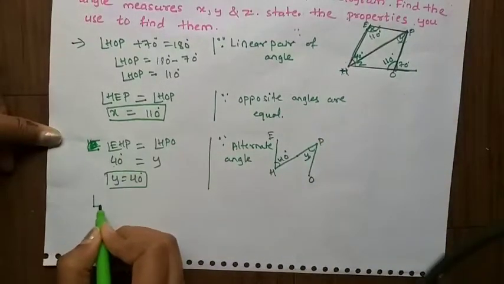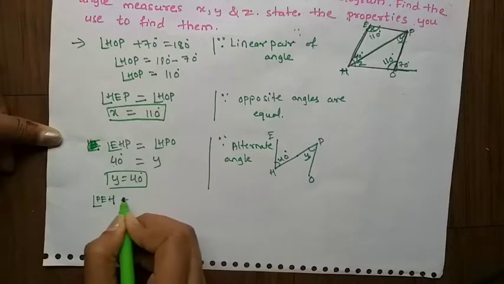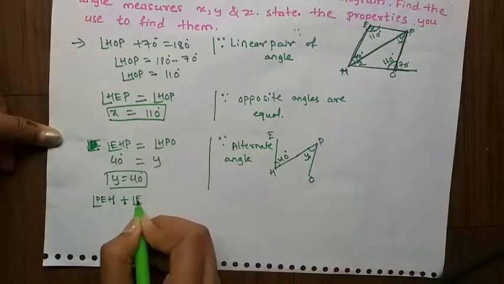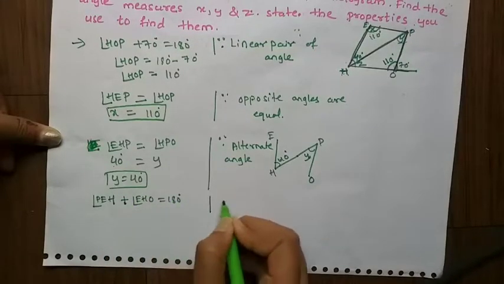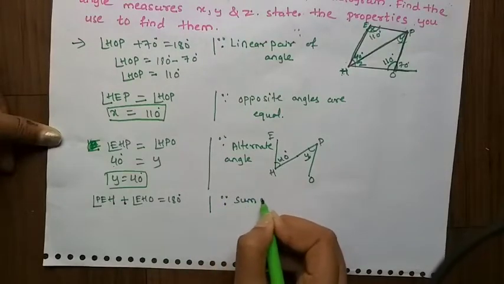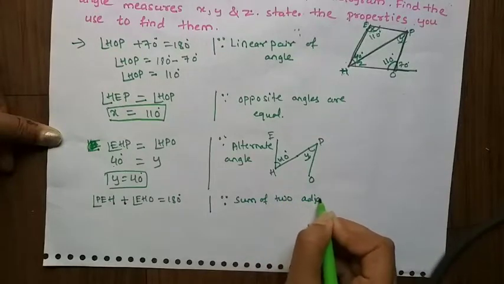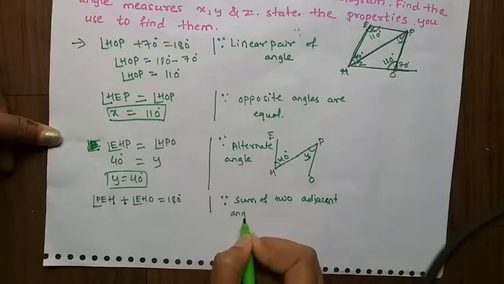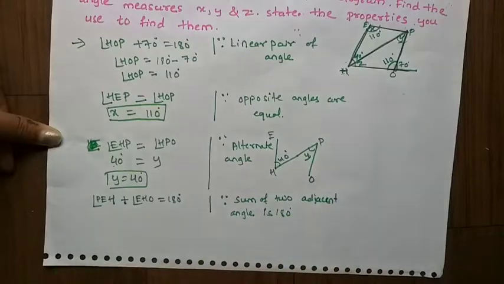Here PEH plus angle EHO is equal to 180 degree because the condition is the sum of two adjacent angles of a parallelogram is 180 degree.